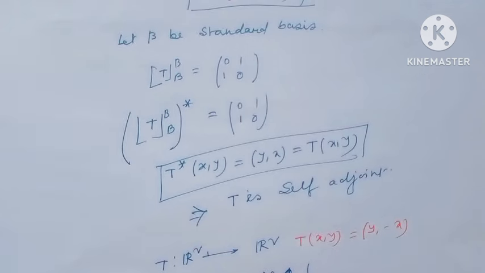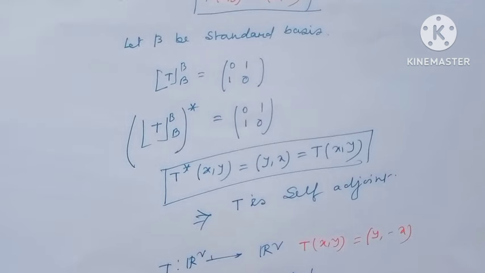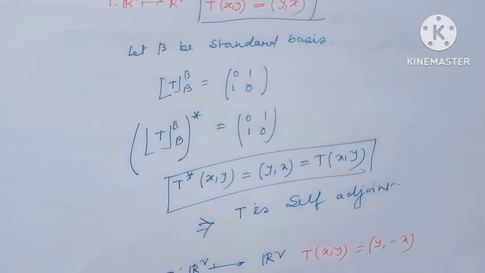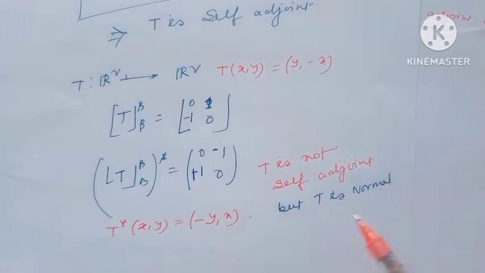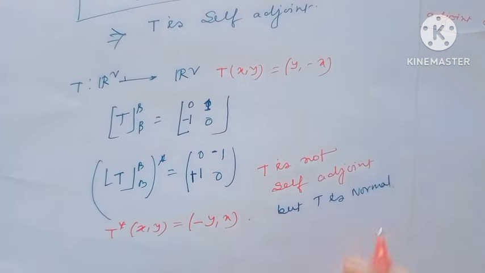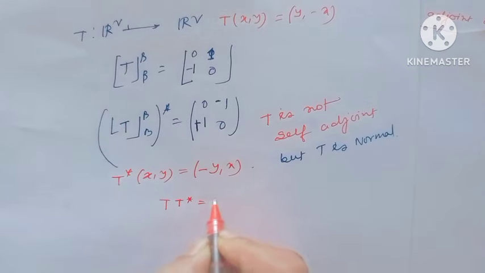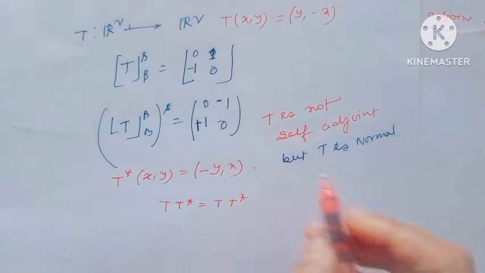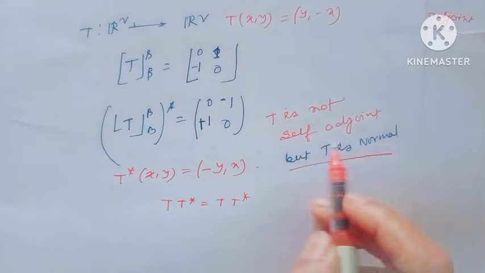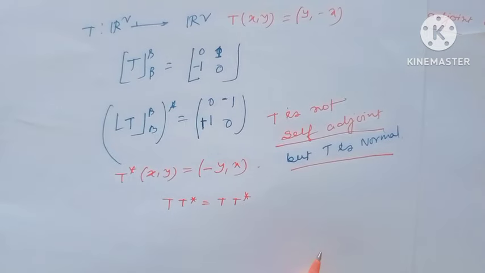If you check, you will see here T star T equals T T star. That means T is normal, but T is not self-adjoint.